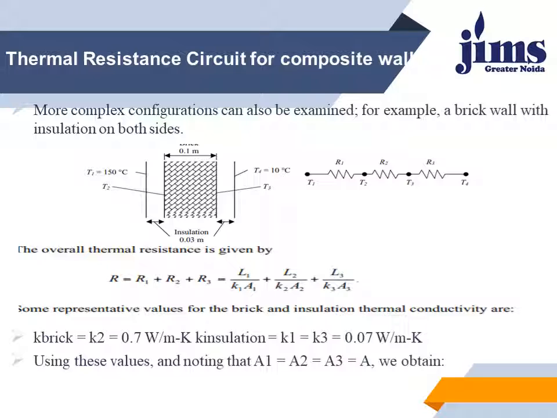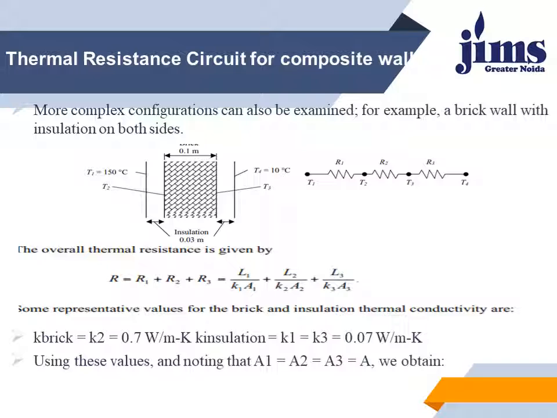The left temperature is maintained at 150 degrees centigrade, and the temperature of the right side, T4, is equal to 10 degrees centigrade. In this diagram it is clear that wall 1, insulation wall 2, and layer 3 are connected in a series manner.